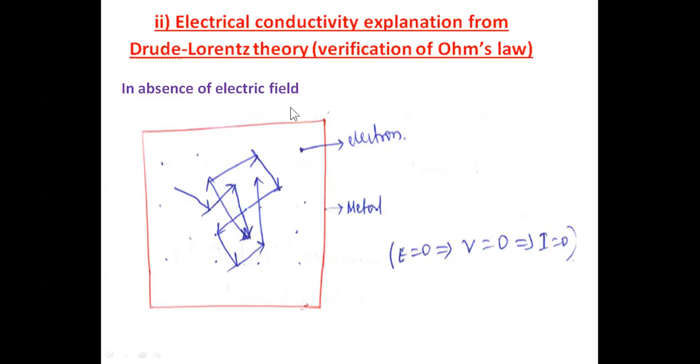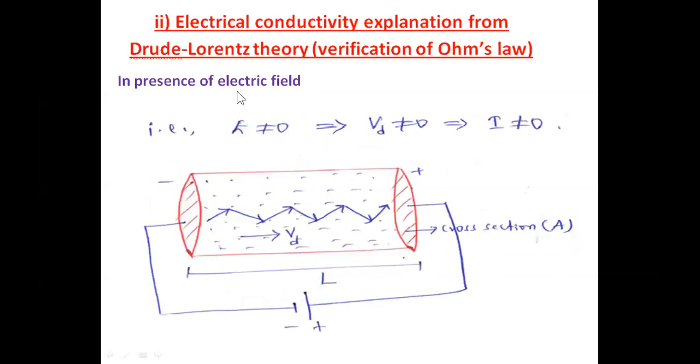We start our discussion with: in absence of electric field, what is the situation in metals? If you see the electrons which are moving in random direction, there is no net velocity, and hence they don't produce any current in absence of electric field. On the other hand, in presence of electric field, E is not equal to 0.